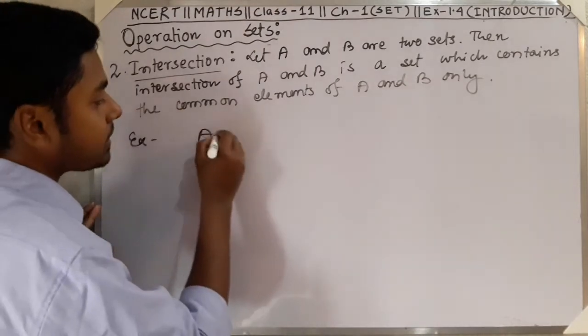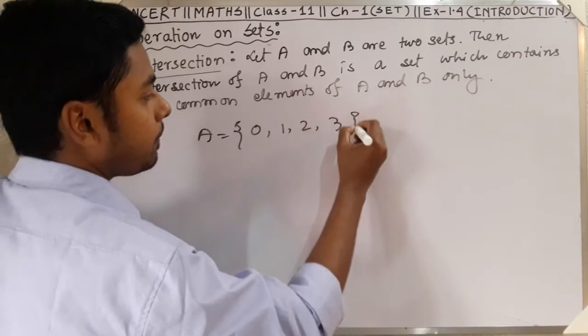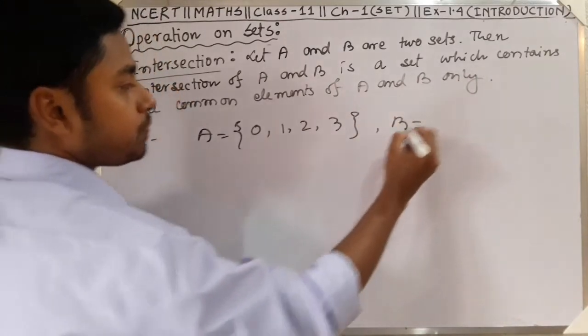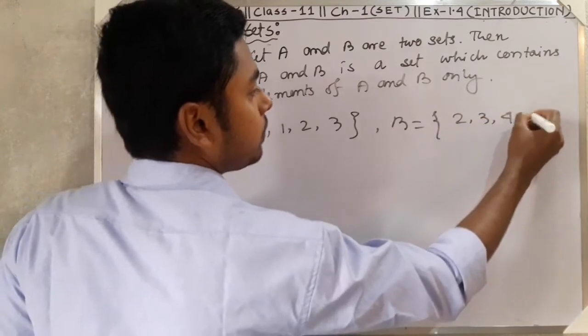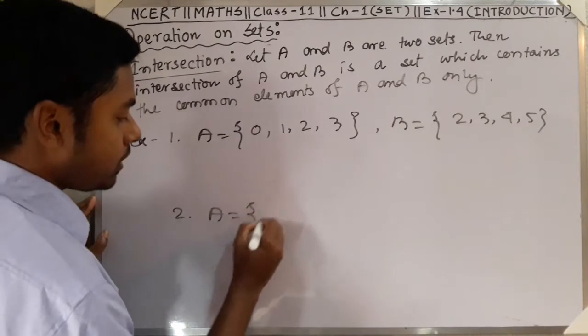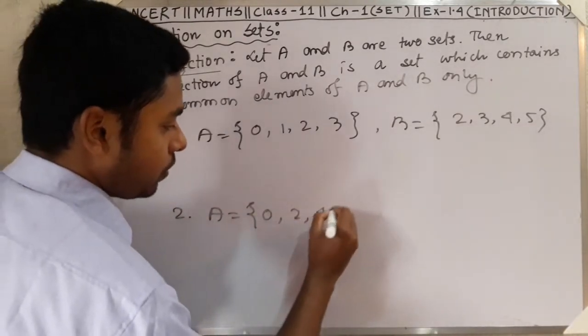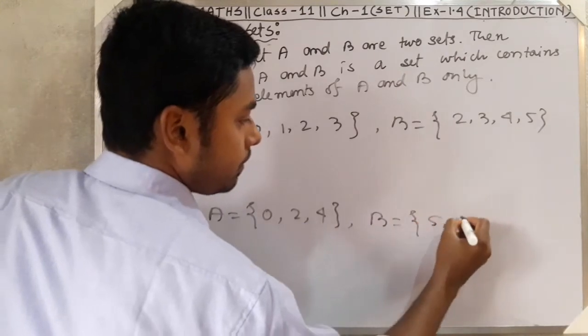Suppose A is equal to {0, 1, 2, 3} and B is equal to {2, 3, 4, 5}, and another set we are taking: A is equal to {0, 2, 4} and B is equal to {5, 6}.